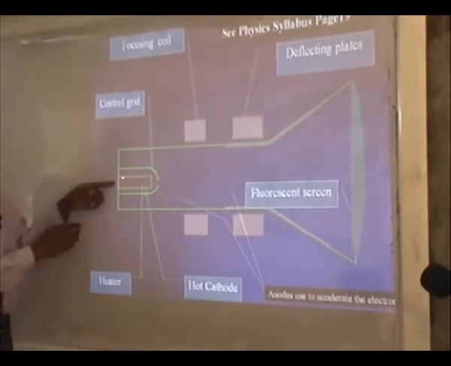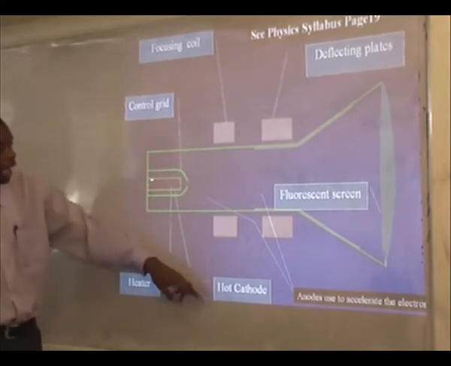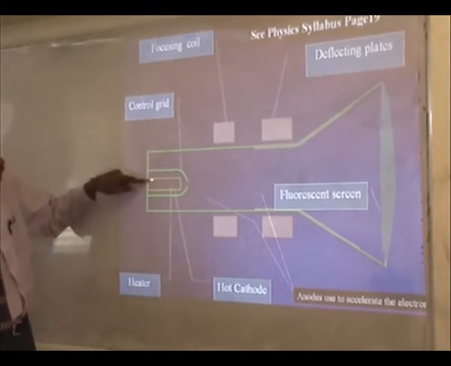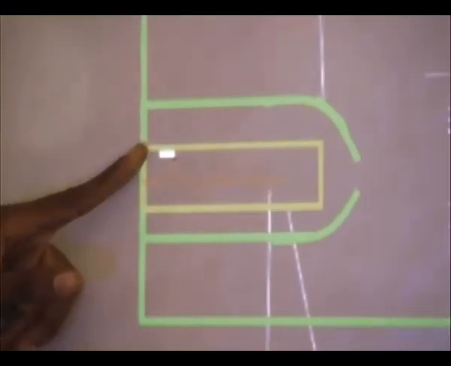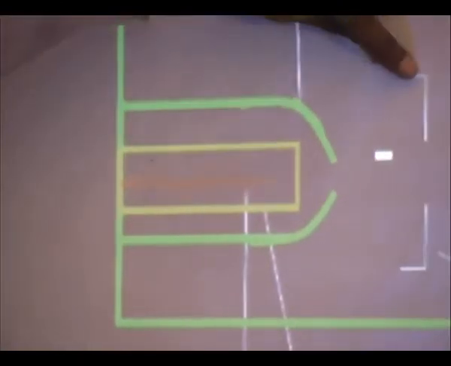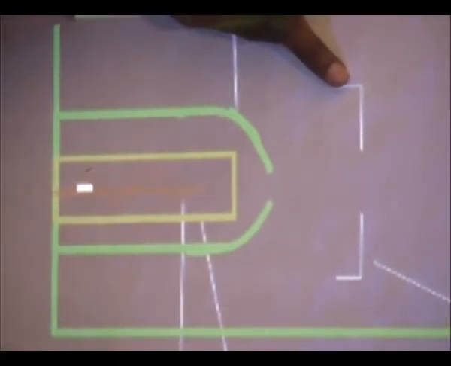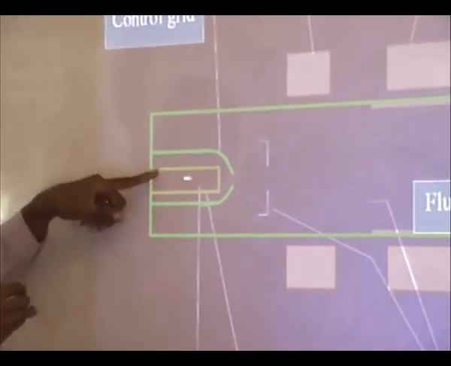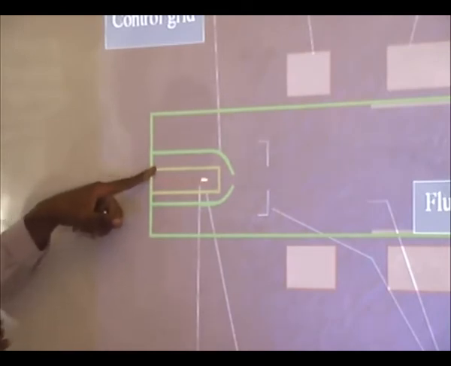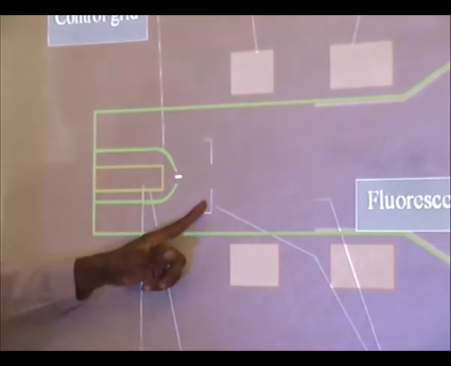So the heater is supplying heat to the cathode, and as you can see here, an electron is emitted by the cathode. That electron, once you have introduced the anode here at a very high positive potential, will be accelerated from the cathode towards the positive anode.